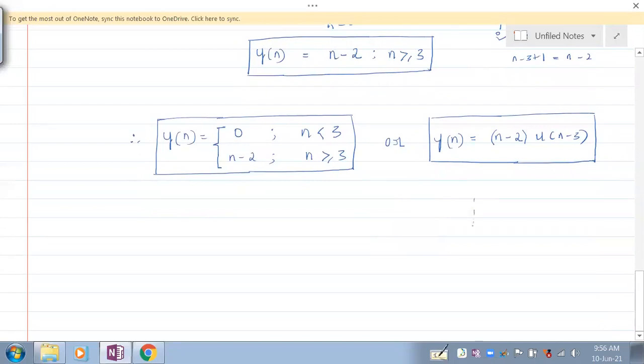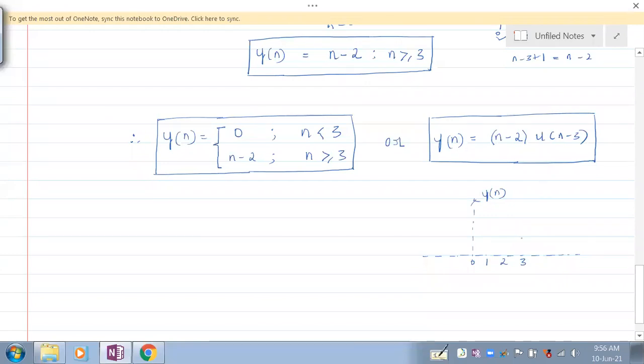So how to sketch that y of n? y of n, you understand, is a discrete time function. It is n minus 2, and it starts at 3.